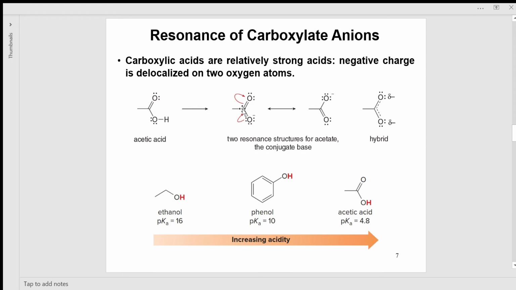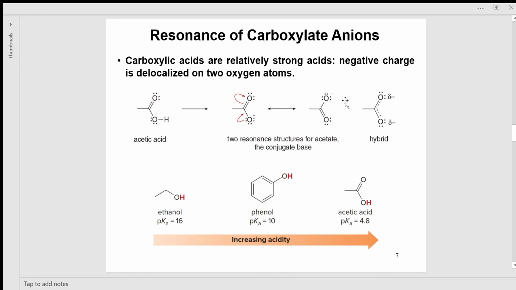You have the same sigma bonds: one sigma bond, two sigma bonds, three sigma bonds. They are identical, so they are considered resonance structures.